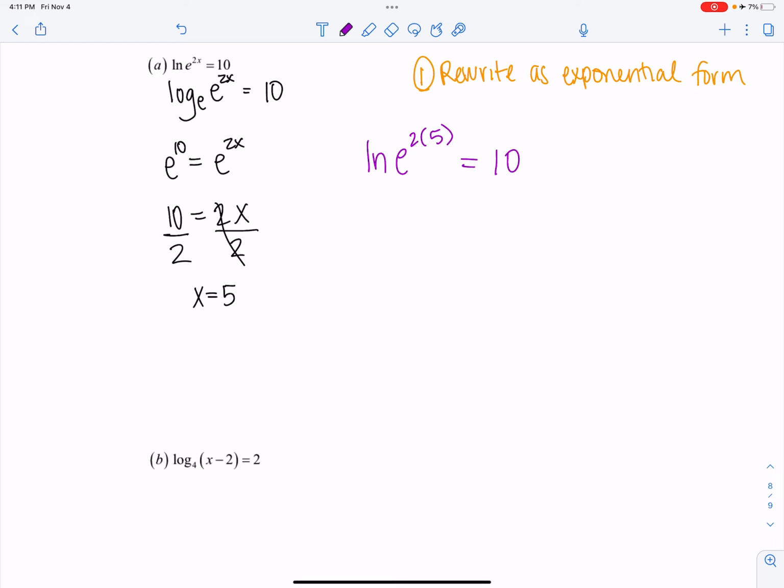Does it work out? So we have natural log of e to the 10th equals 10. And again, you can rewrite this. So we have base of e raised to the 10 equals e to the 10. And that we know is true.